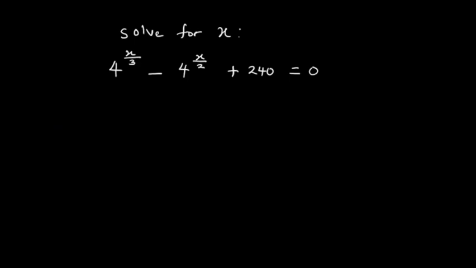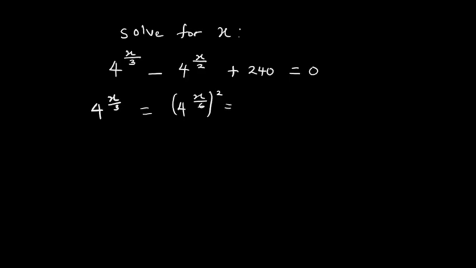Now the first thing I'm going to do is rewrite this equation in such a way that it will look like a polynomial. So I can write 4 to the power of x over 3 as 4 to the power of x over 6, squared.